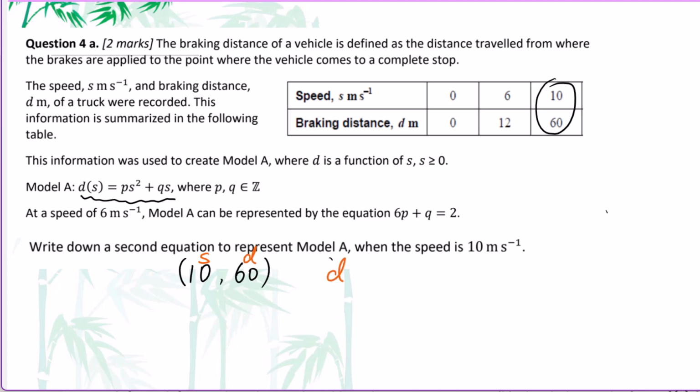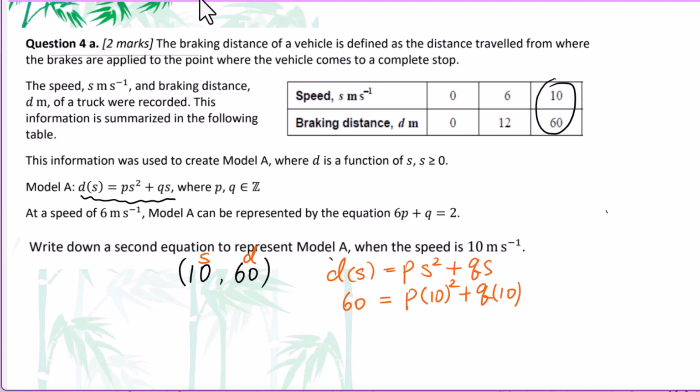We have the function d of s equals ps squared plus qs. So we plug in: d of s, that distance is 60, equals p times 10 squared plus q times 10.